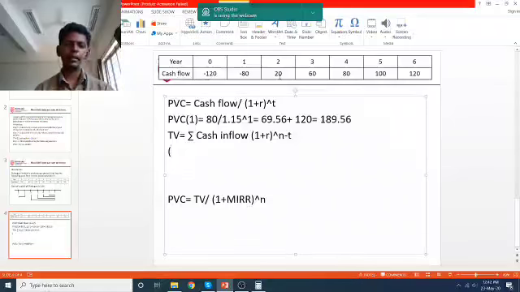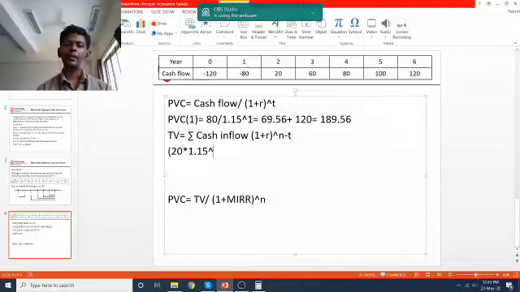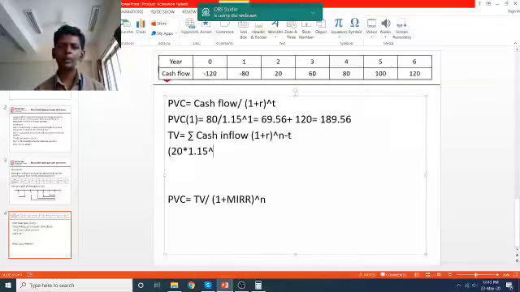Here you have a cash inflow, right? 20 into 1.15 to the power of how many years are left for the end of the project, until the project gets closed or an equipment or machinery gets discarded? 1, 2, 3 and 4, right? To the power of 4.